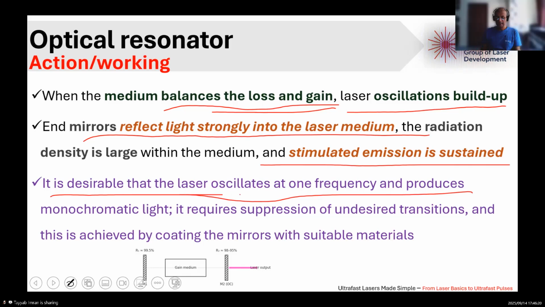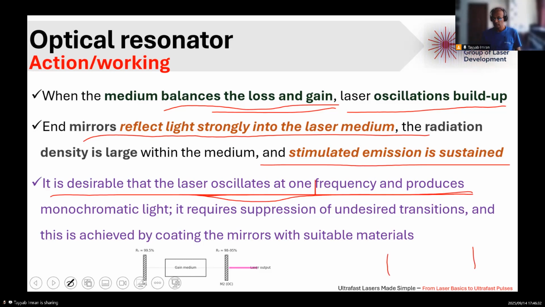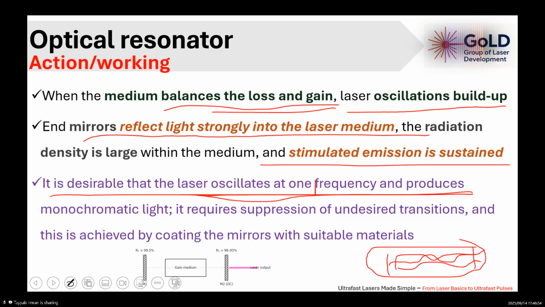Laser is supposed to have one wavelength, so it means that it should oscillate at one frequency. This is your cavity. If you consider the waveform, the wave is supposed to oscillate at one frequency, a single wavelength. I cannot draw it here properly. So light has to be monochromatic.